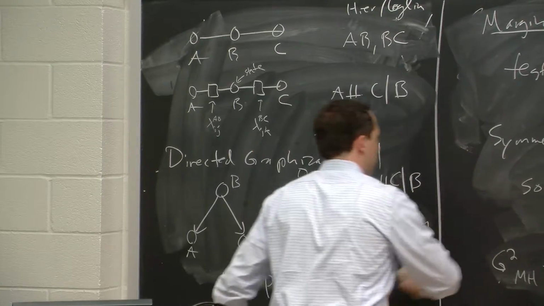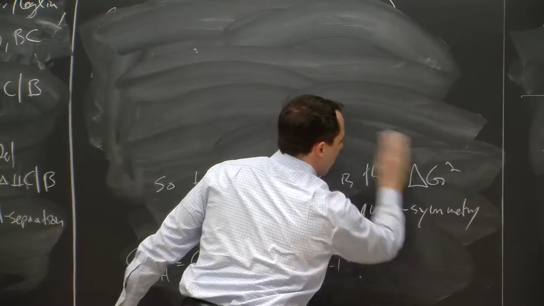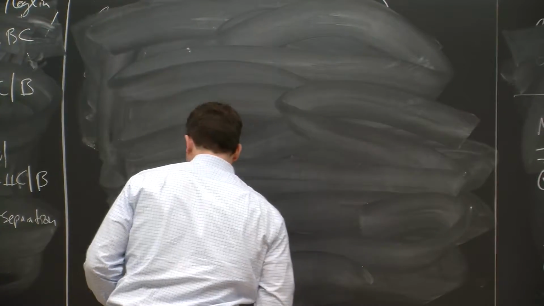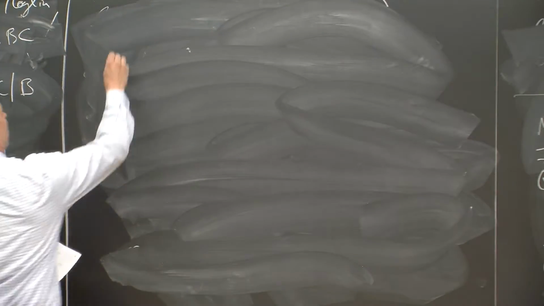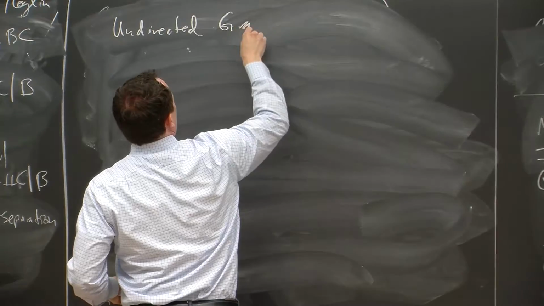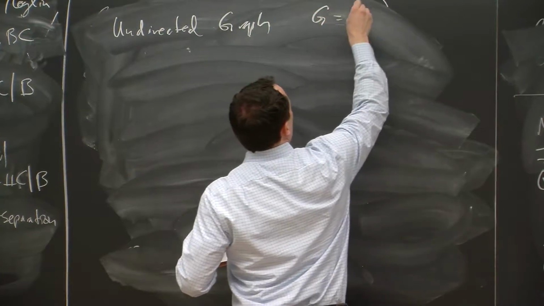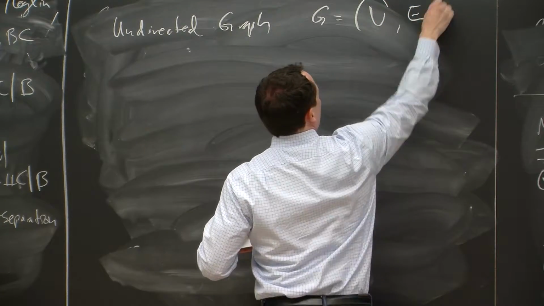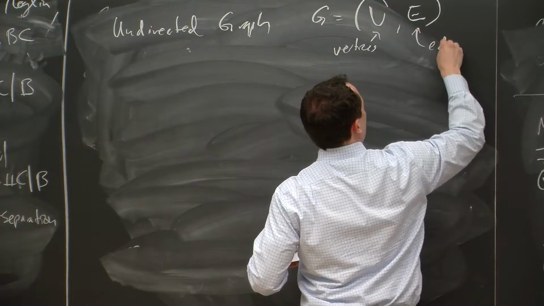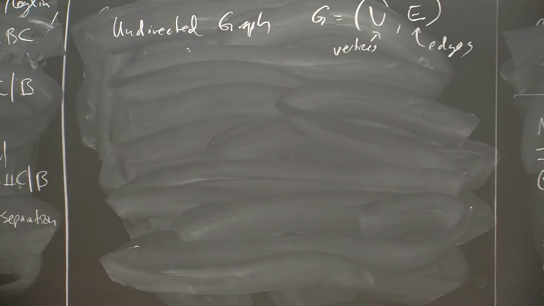Okay. So let's make a careful definition of undirected graphical models. So what's an undirected graph? An undirected graph G is a pair V, E of vertices V and edges E, both of which are just sets.